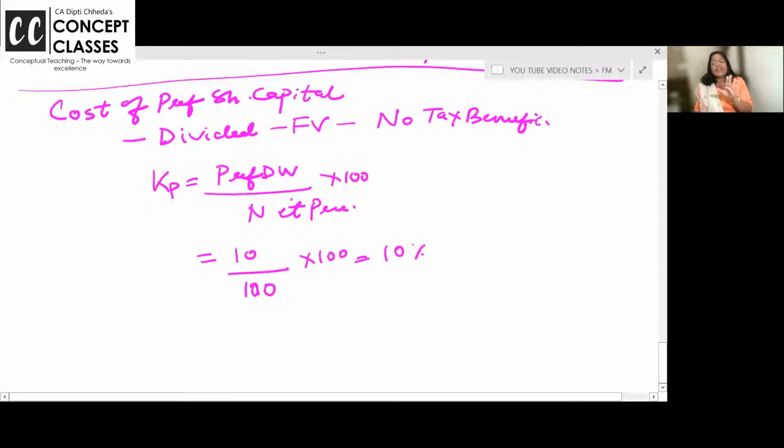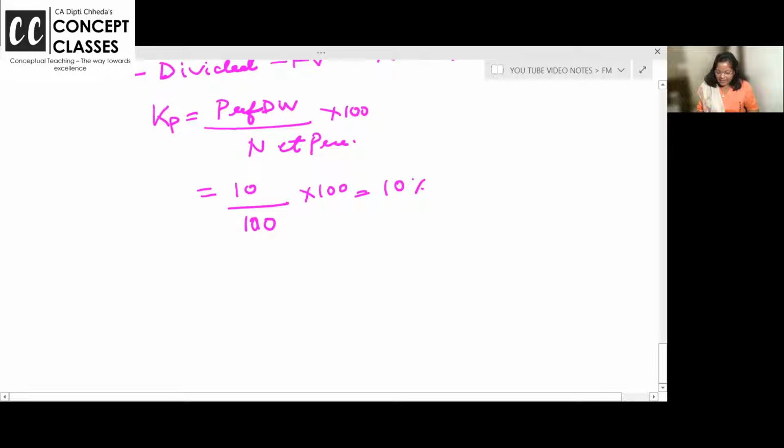Preference dividend, there is no 100 minus tax because preference dividend is not allowed as business expense, divided by net proceeds into 100. What is the net proceeds? 100. Now suppose I twist the case: I'm going to pay preference dividend 10 rupees, 10% dividend.